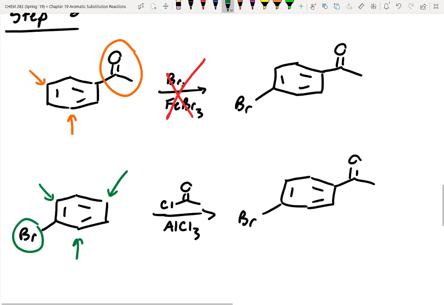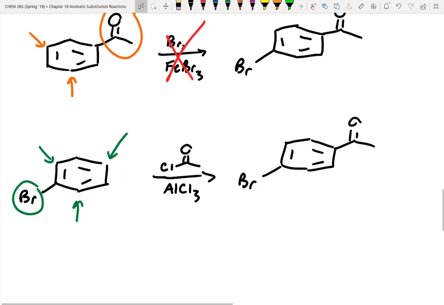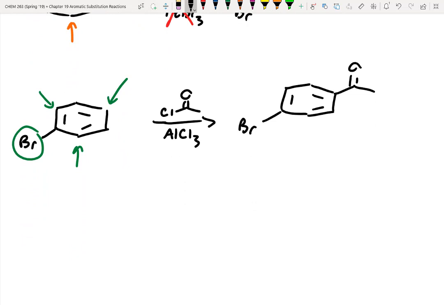People always say, well, what about the reactivity at the ortho position? Chances are you would lose some due to that mixture. However, really it's our only option at this point. So we're stuck on this pathway. And then last but not least, how can we make this from benzene? FeBr3. Hopefully everybody can get that one.